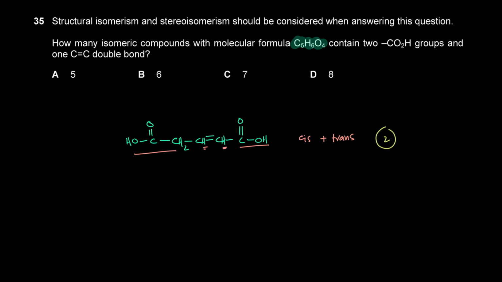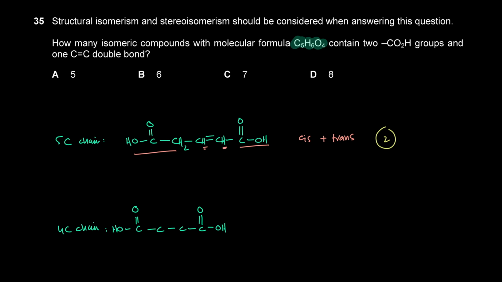Now we have to look at branched isomers, so we're going to have a 4 carbon chain. With a 5 carbon chain, we only had one possibility. With a 4 carbon chain, again the carboxyl groups go on either end.